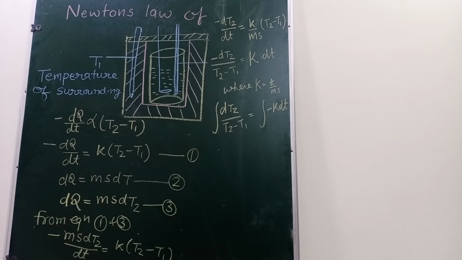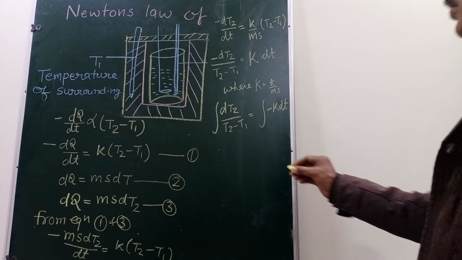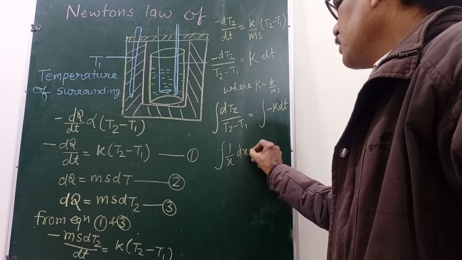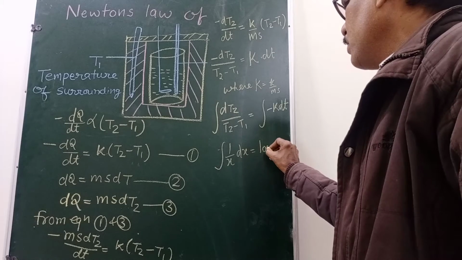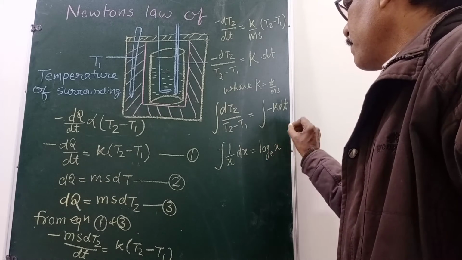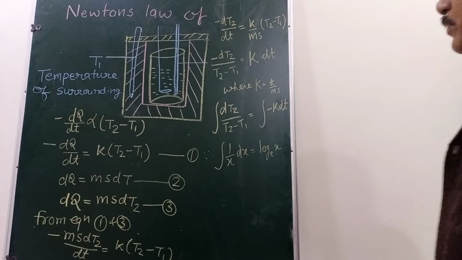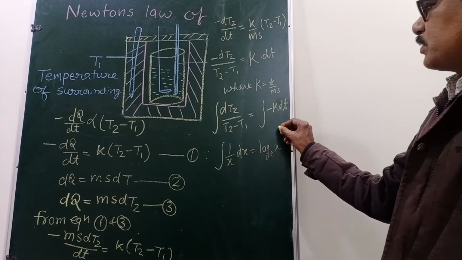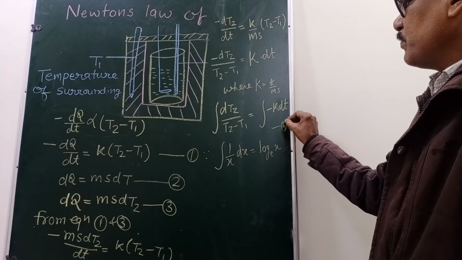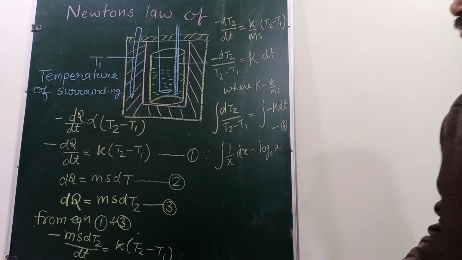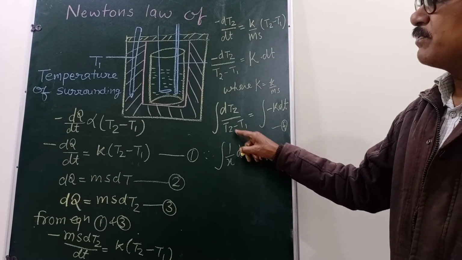Then it will become log e. What is the integral of 1 upon x dx? It is equal to log e x. This is our formula. So now in this equation, say this equation number is 4, we will use this integral of 1 upon x dx identity here. So after this we will write it there.